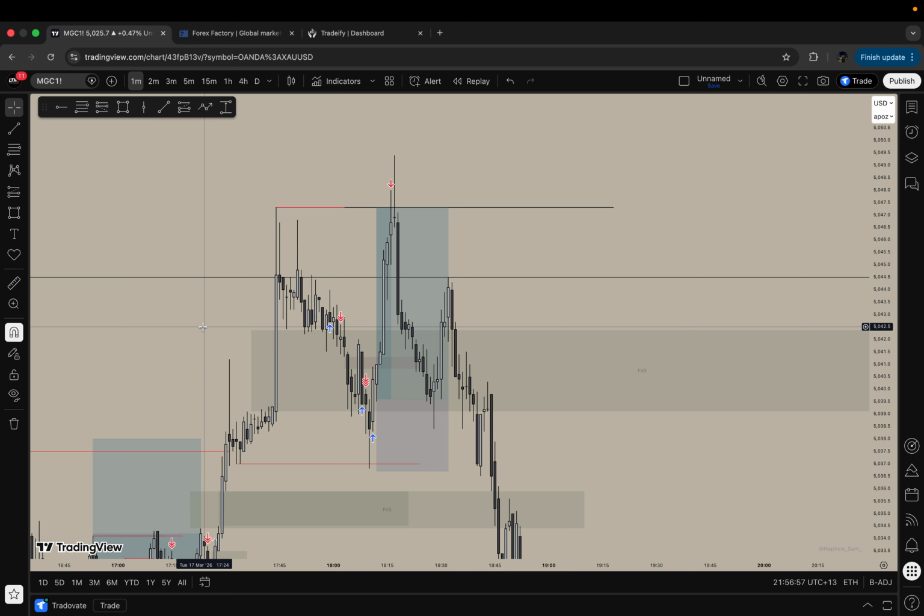In terms of the psychology, I think being so patient, we either miss the move or we get stopped out. Being so patient with those trades that we take, and again, I do think it's a timing issue. The trade ideas work, right?